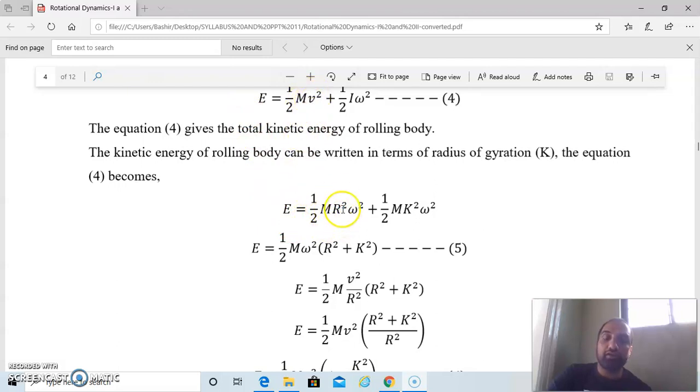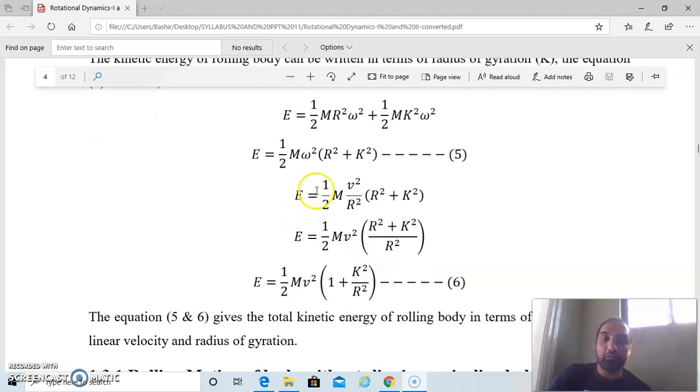Instead of v, we can write r omega, that is r square omega square. But for I, we can write m k square. So 1/2 m k square omega square. Now take 1/2 m omega square common from these two terms, and the remaining part is r square plus k square. So E = 1/2 m.